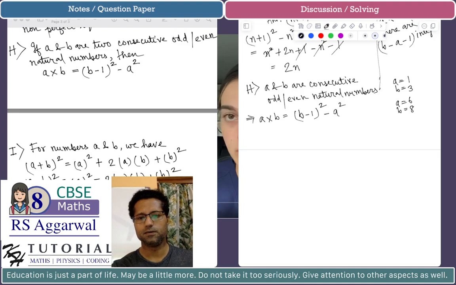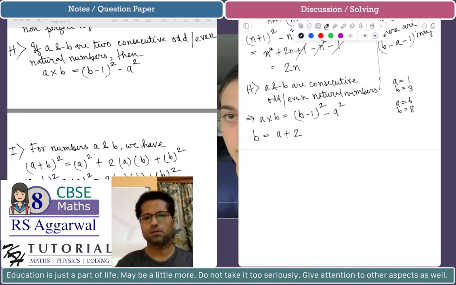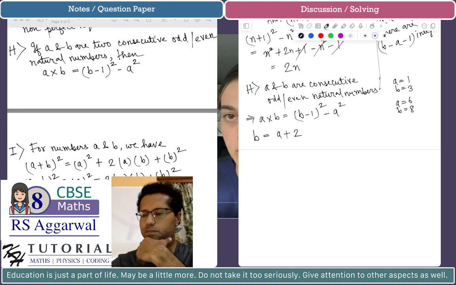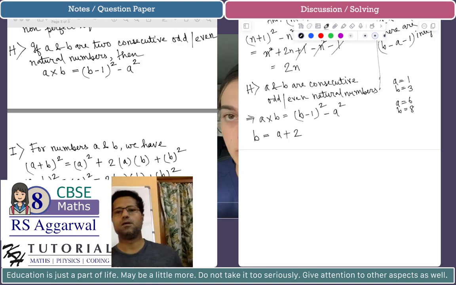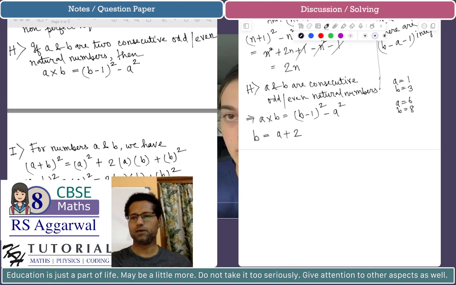So I can clearly see that b will be equal to a plus 2, because the difference of them will be 2. You can see that for 1 and 3, the difference is 2.